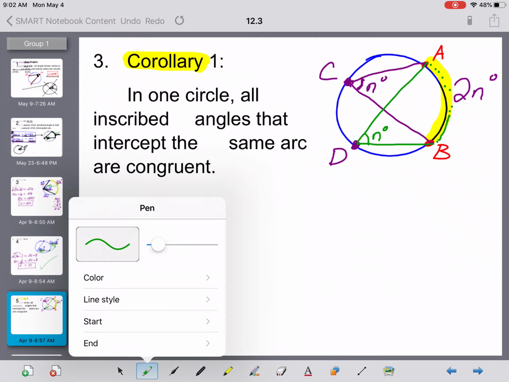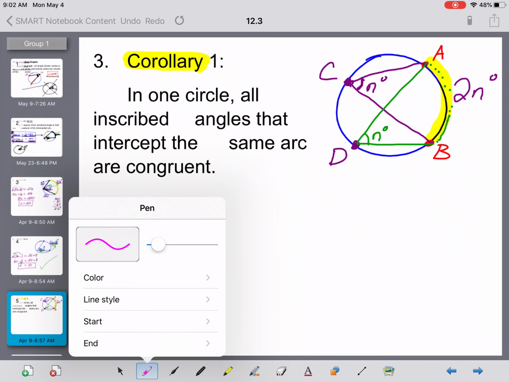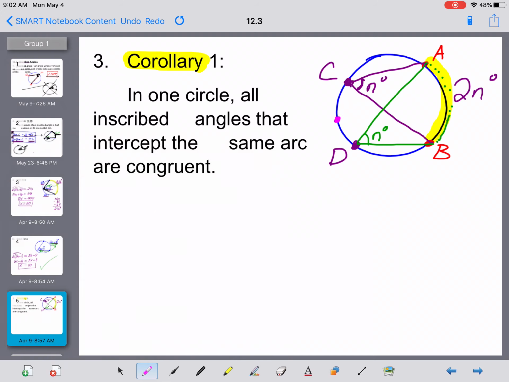And let's try it one more time just for fun, everybody. Let's go to a weird color we don't use very often. How about a bright pink? All right, and for this one, I'm going to choose another point over here, and we'll call that point E. And now if I connect A to E, and then E back to B, there is yet another inscribed angle that intercepts the same arc of 2n degrees, so this angle has to be n degrees as well.